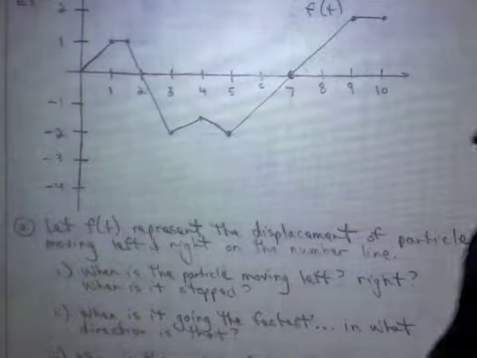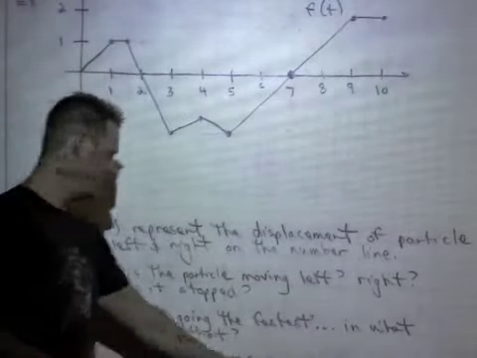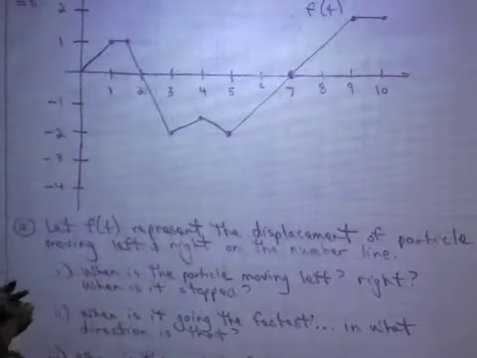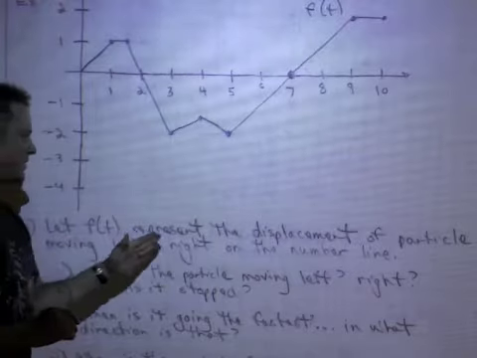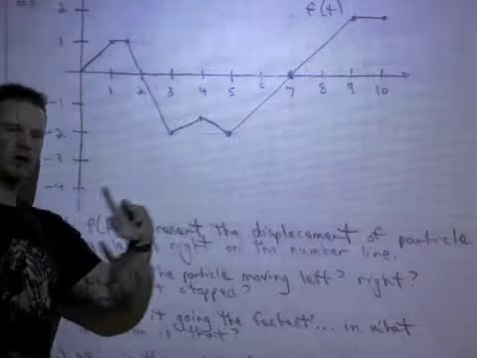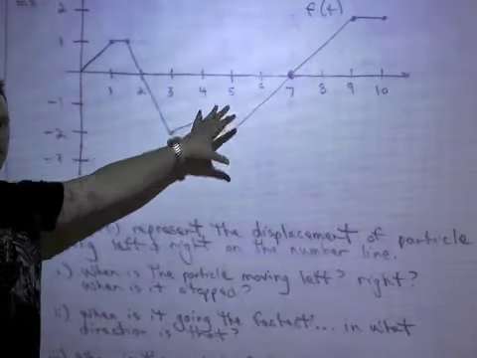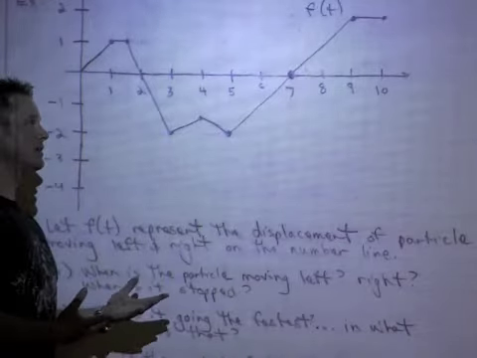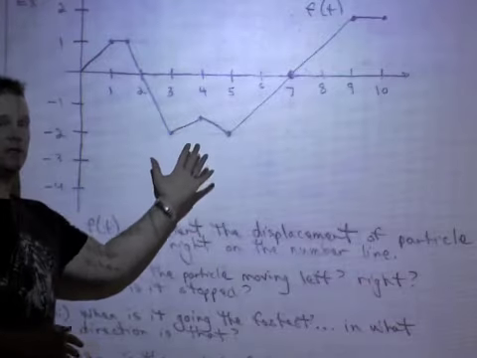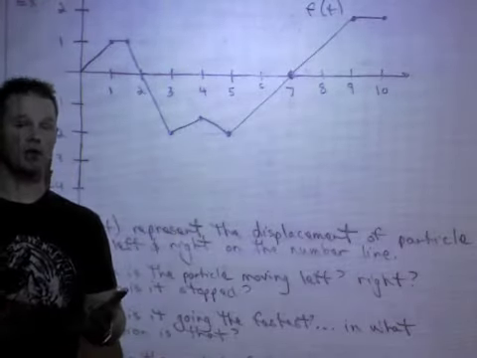Okay, so on the screen here, you see a picture of the displacement of a function. We'll just call it f of t. And this doesn't even have units, but let's say this represents the displacement of a particle moving left and right on a numbered line. So this is a graph of the displacement. So notice sometimes the displacement's positive, sometimes the displacement's negative, but this graph and this function should give you a picture of the motion of the particle.